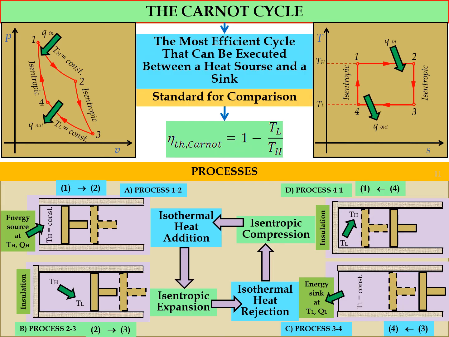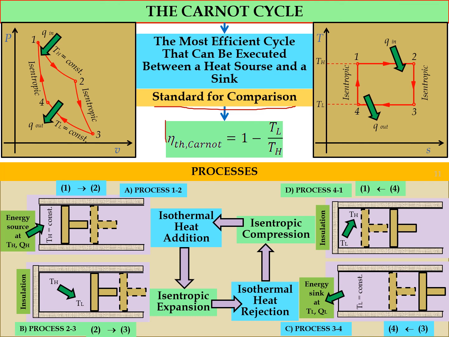The Carnot cycle. So this is the gas turbine cycle. Why do we look into the Carnot cycle? Already said it before: the Carnot cycle is the most efficient cycle that can be executed between a heat source and a heat sink, so it can be used as a standard for comparison. We will look into the Carnot cycle as a comparison to the rest of the cycles after this.